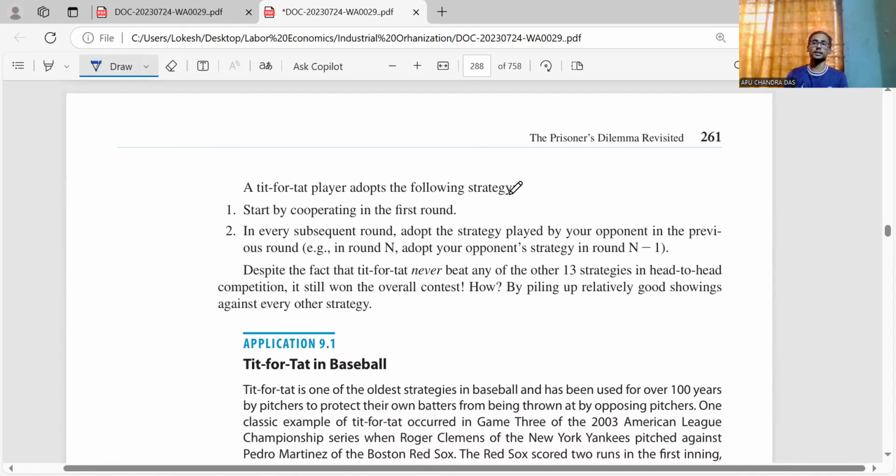First, they both will start by cooperating in the first round, but in every subsequent round, adopt the strategy played by your opponent in the previous round. This means that in round n, we will adopt the opponent's strategy that took place in period n-1.